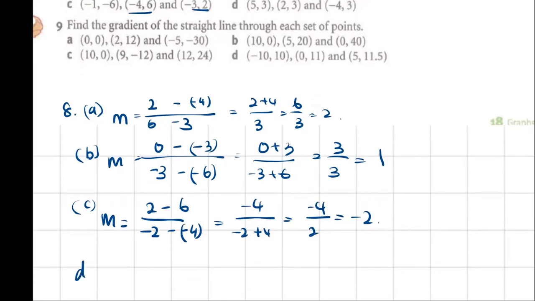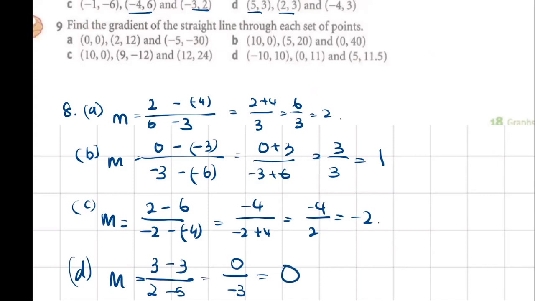Question D, do it in your head again. I'll just pick these two because they are positive. y2 minus y1 over x2 minus x1. Gradient is 0, so this must be a flat line. If you remember, this is your y equals 3 line.